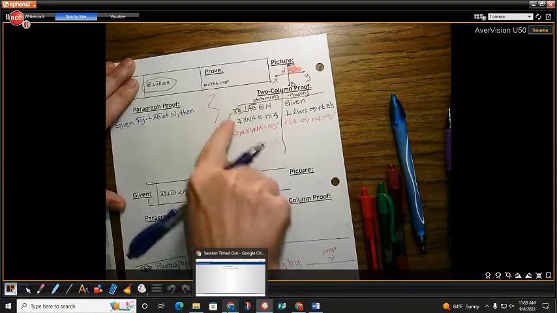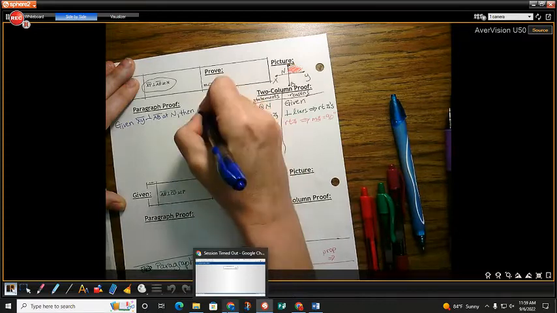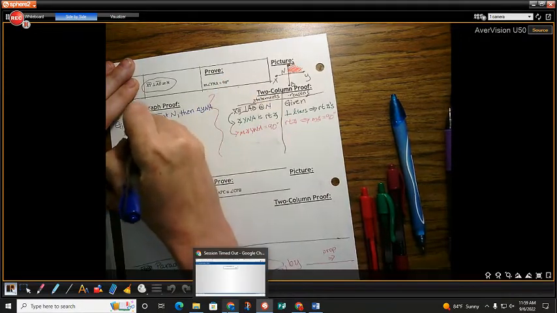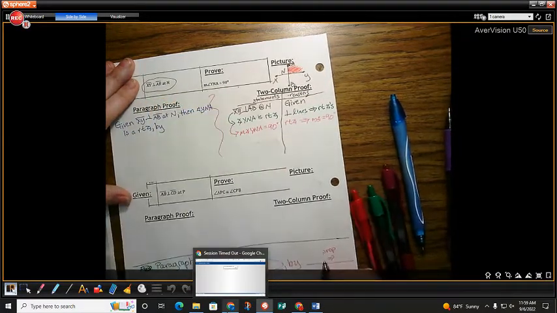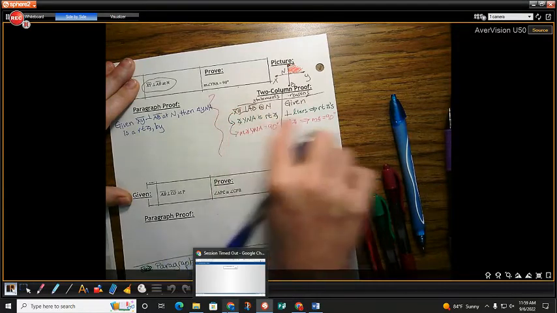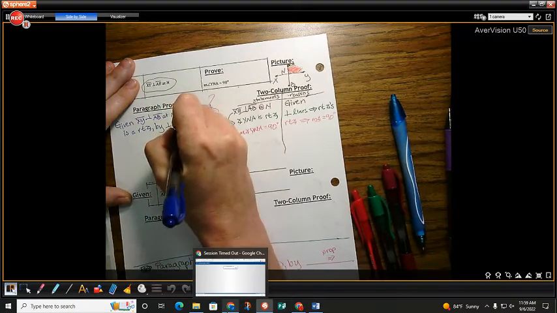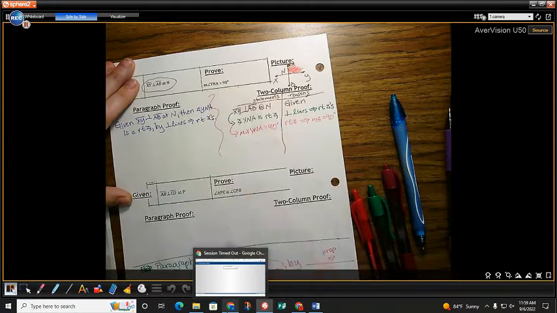Since I have that, what did I get? Then angle YNA is a right angle. By what rule? What rule gave me that? Perpendicular lines implying right angles.